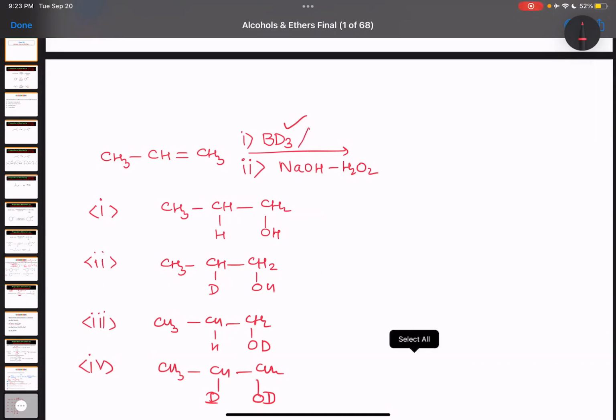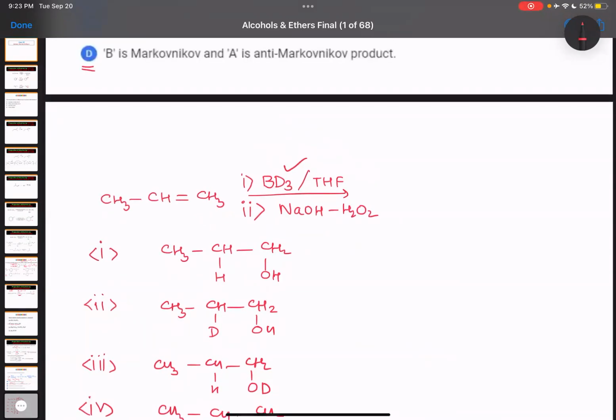Yeah, it is the same as diborane, and these are heavier hydrogen, having double the mass. That's why it is called deuterium. You need to tell me where that deuterium is connected and where the OH is connected. So this is a mechanism-based question.